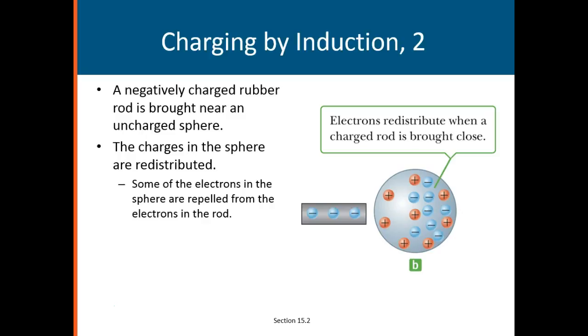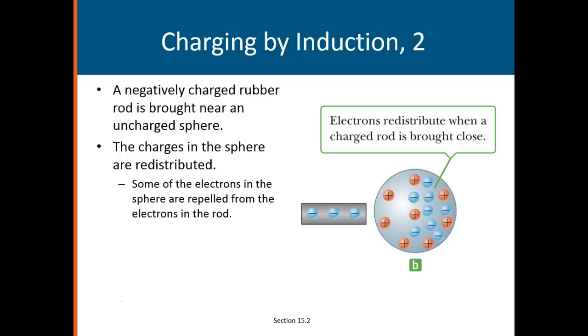So the electrons redistribute themselves because the sphere is conducting and the charges are free to move, and they redistribute when the charged rod is brought close. Charges in the sphere are redistributed. Some of the electrons in the sphere are repelled from the electrons in the rod and moved to the opposite end. A lot like we saw before.